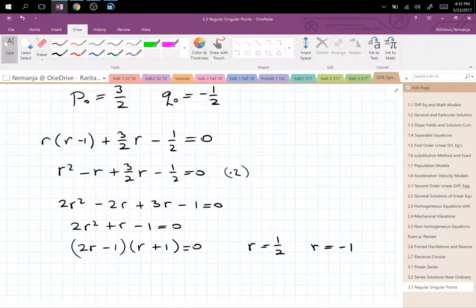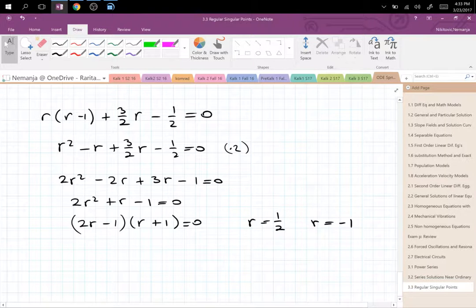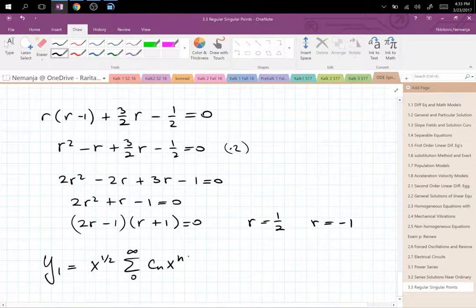So what are the solutions? What do I use to crank the series solution with? y1 is equal to x to the 1/2 times the summation 0 to infinity of Cn x to the n, and y2 is equal to x to the -1, we can put 1 over x, summation 0 to infinity Cn x to the n.